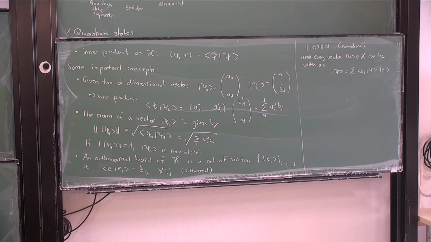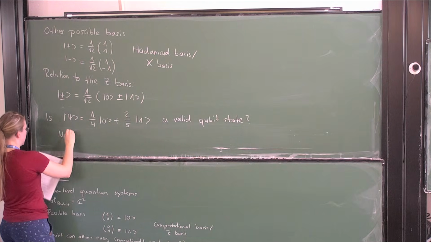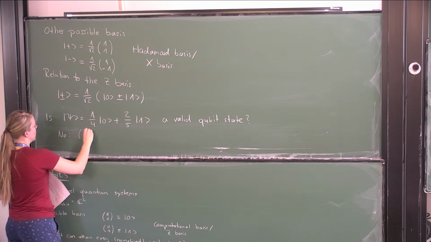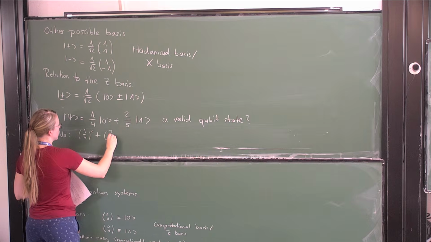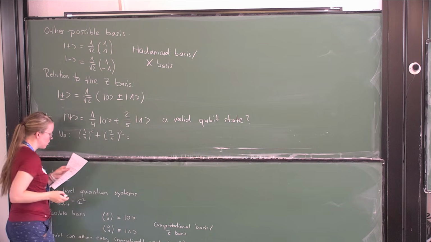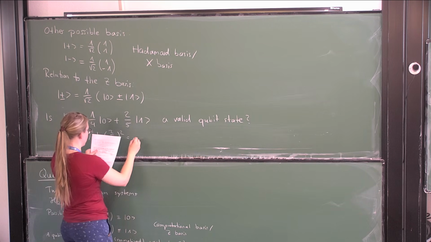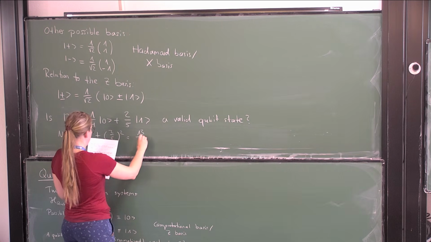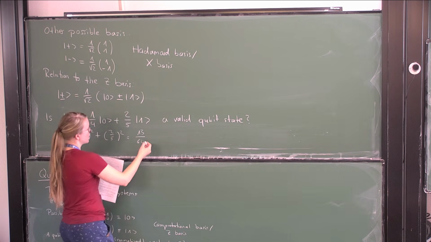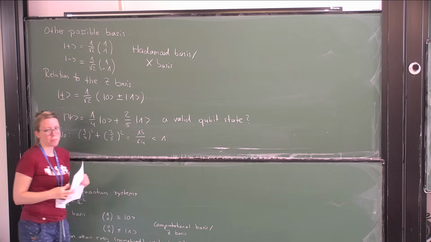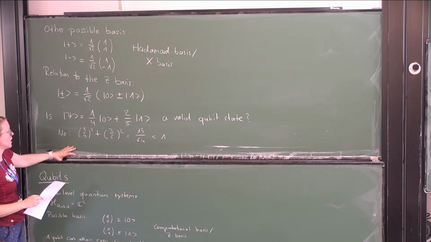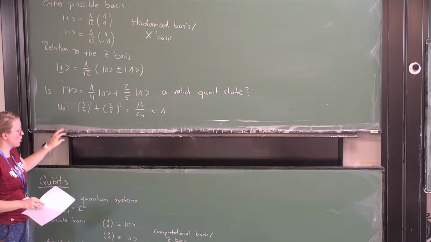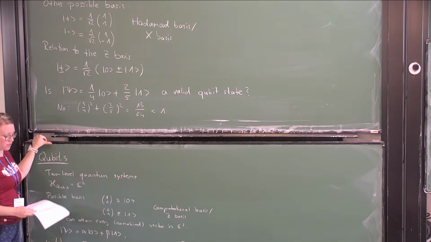Squared is not 1. Yes. Here's the condition: if I take the absolute value squared, 1/4 squared plus 2/5 squared, what you get out of that, calculate this, is 13/64. So this is smaller than 1. It's not a normalized state in the Hilbert space, so not a valid qubit state according to that.